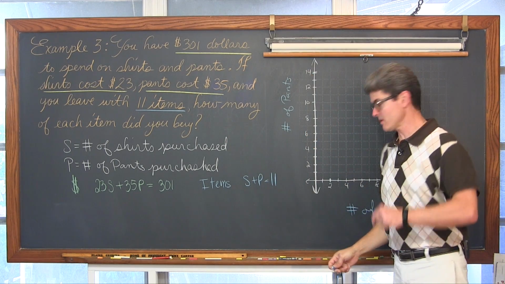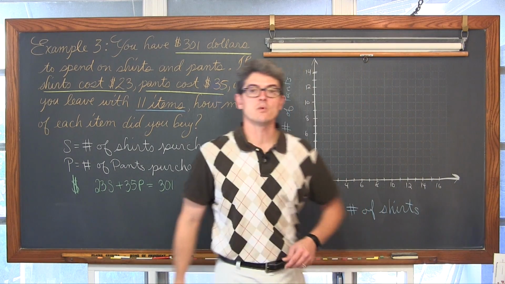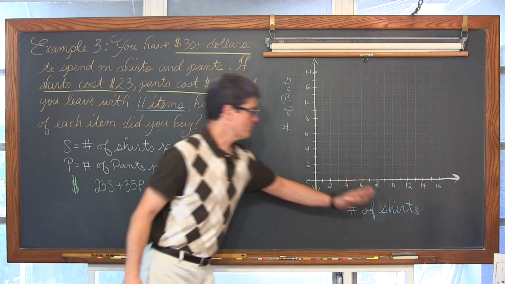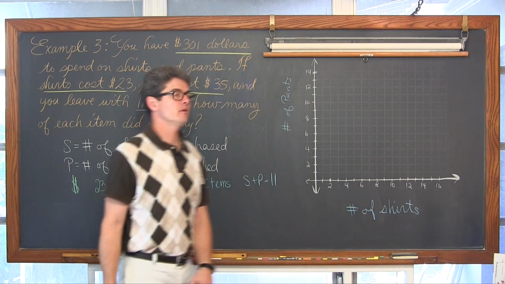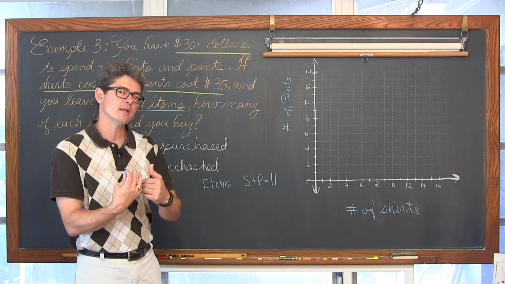Great. Now this time we're going to review graphing with both slope-intercept form and with x and y intercepts. Now this is a nice easy little equation. My number of shirts is on my x-axis, so I've therefore defined it as my independent variable, and my dependent is the number of pants. My dependent is like the answer that you get out of an equation.